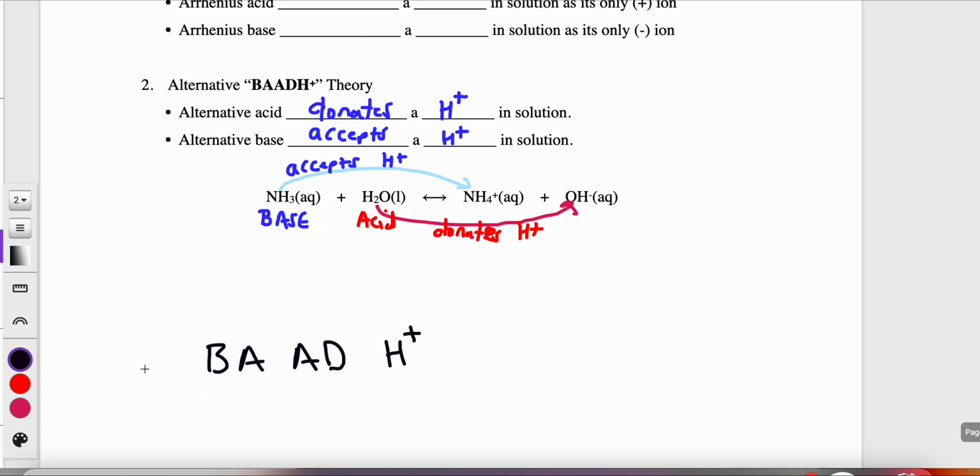So in this bad theory, the base accepts, and the acid donates. And what they're accepting and donating is the H plus ion. So that's what our poorly spelled bad theory stands for.